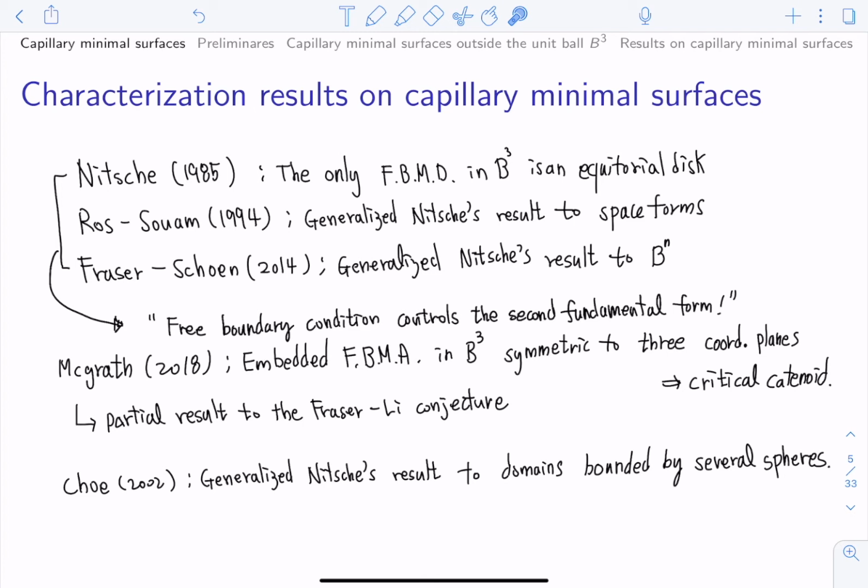Interestingly, there is another method to prove Nitsche's result using the half-index method, and Choe in 2002 generalized Nitsche's result to domains bounded by several spheres.